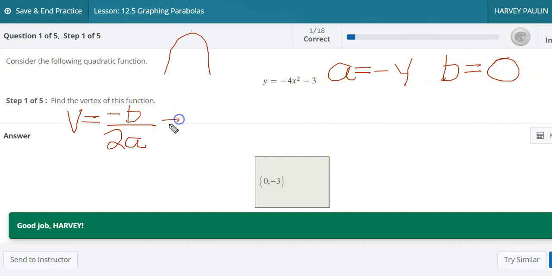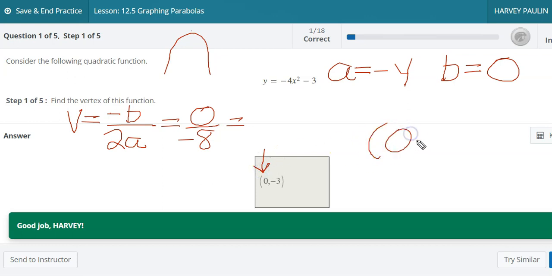So this is sort of easy. If b is 0, this is just 0 here, divided by negative 4 times 2, which is a negative 8. But 0 divided by any number other than 0 is 0. So our vertex for our x value is 0.